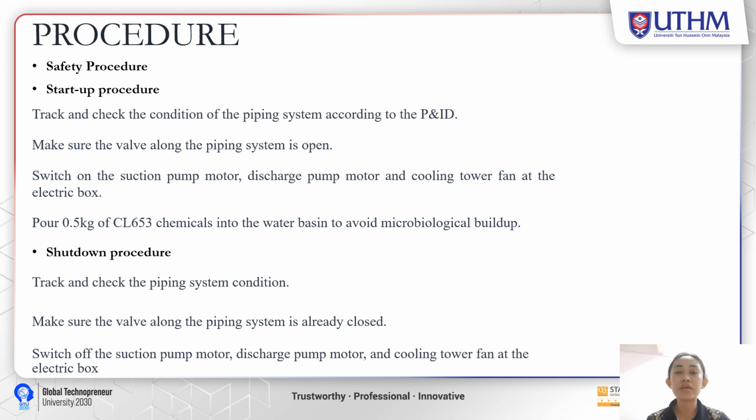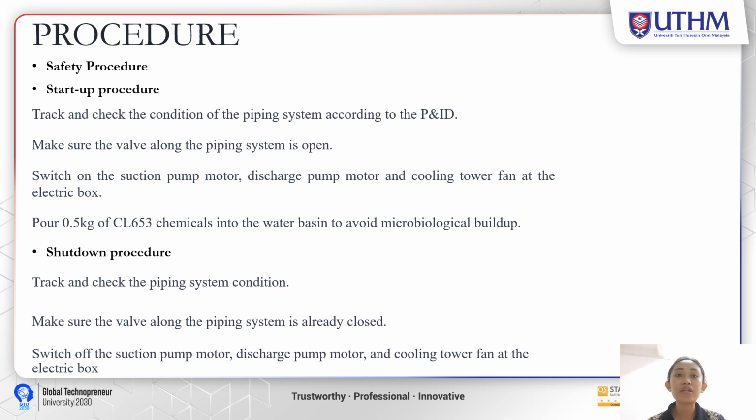As for the startup procedure, there are steps before running the cooling tower in the plant that must be done to make sure the cooling tower runs without a problem. Below are the steps needed to run the cooling tower. The first one is to track and check the condition of the piping system according to the P&ID.